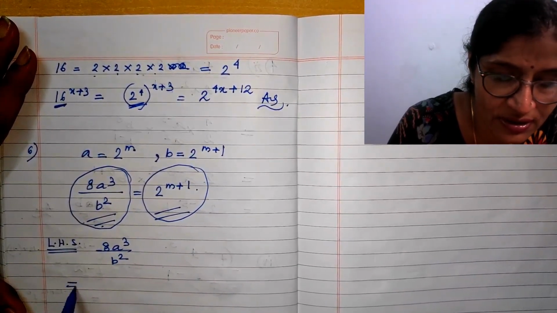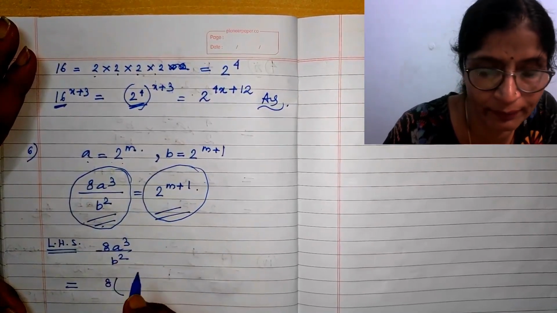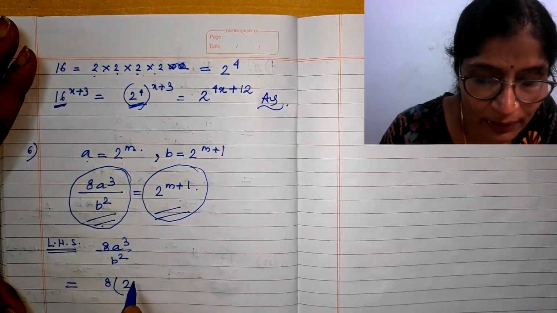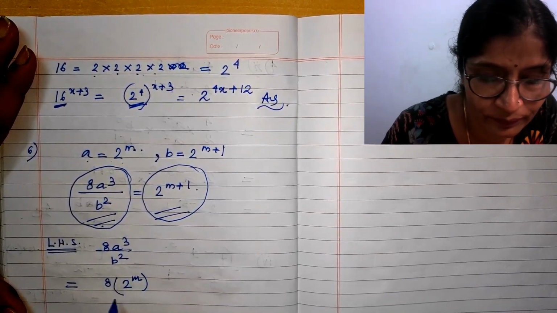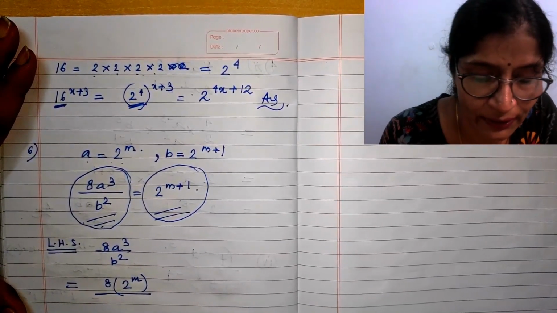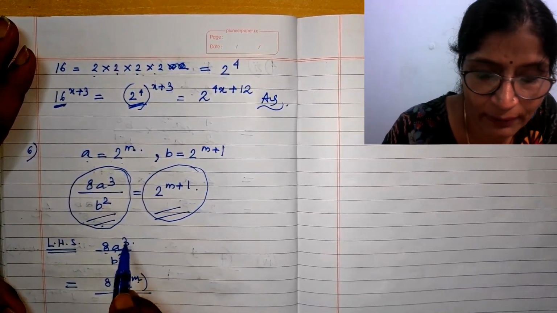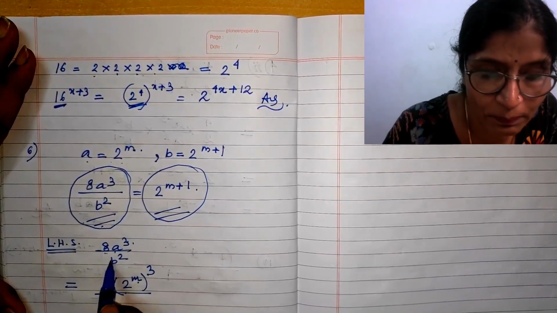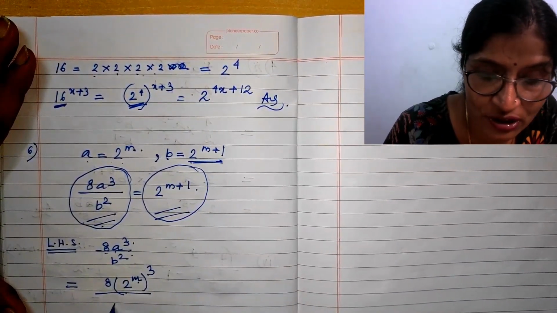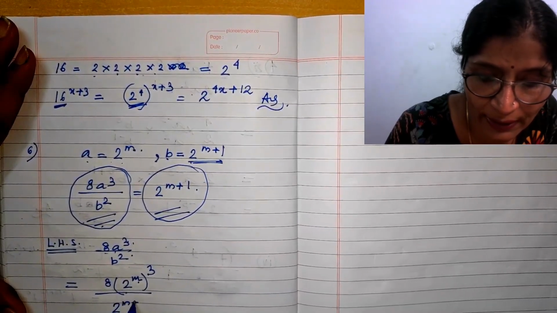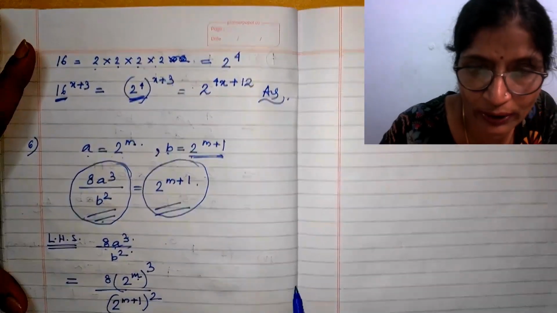So I will write this is equal to 8a cube, because a is 2 to the power m, divided by b square. So instead of a I have written 2 to the power m, and this cube is there. So cube. b square. b is what? So I will write instead of b, 2 to the power m plus 1, and it is b square, so square of this one.